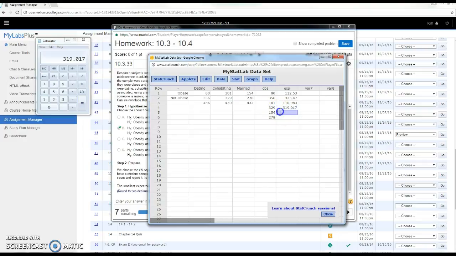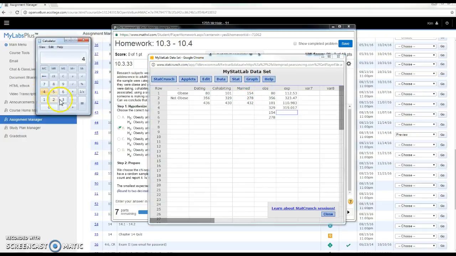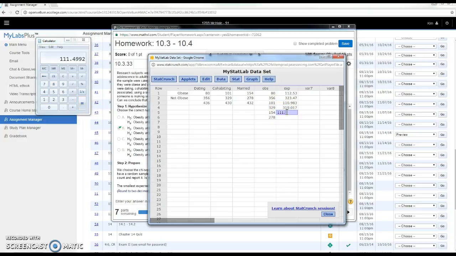All right, and again, if there was no relationship, no association, I would expect 25.81% of this 432 to be obese. And I get 111.4992.